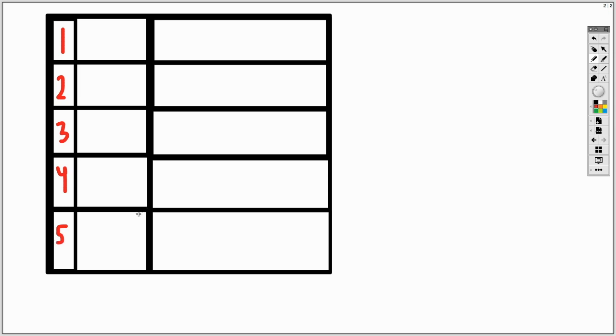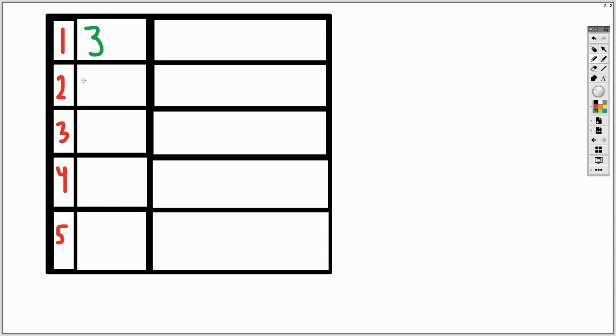These are how many times we're going to add it. But let's begin with our first number. The first number is just going to be 3, okay?